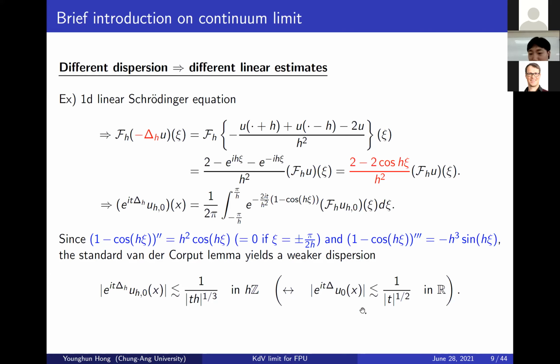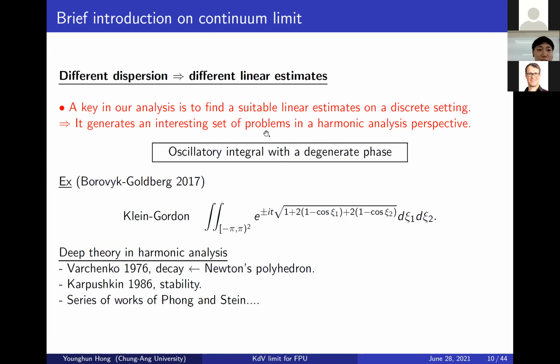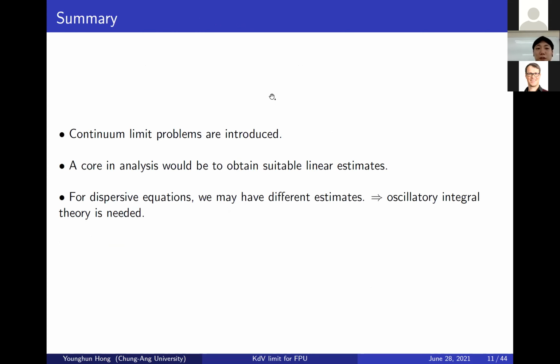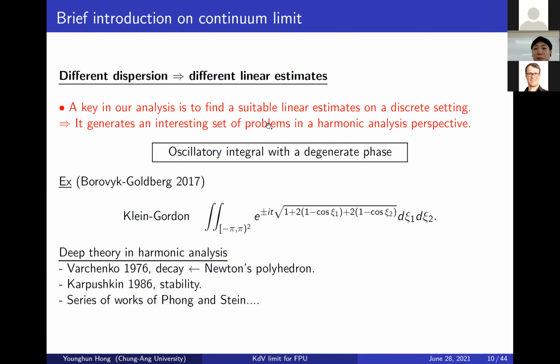But I would like to remark that this kind of decay estimate is different from the PDE case. And necessarily we have these different bounds because of the different character of the phase function. Okay, so as I mentioned, when we prove the continuum limit, it is important to find a suitable linear estimate in the discrete setting, but it also generates an interesting set of problems from a harmonic analysis perspective, because we may have different oscillatory integrals.